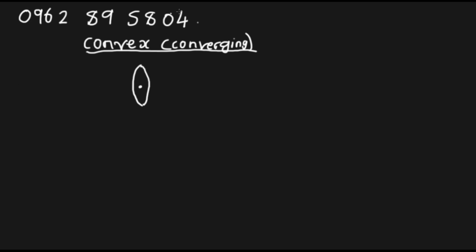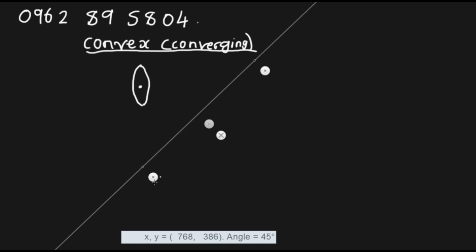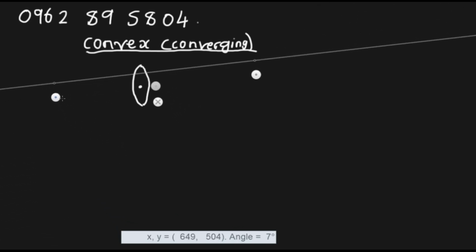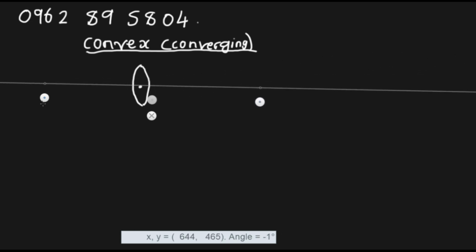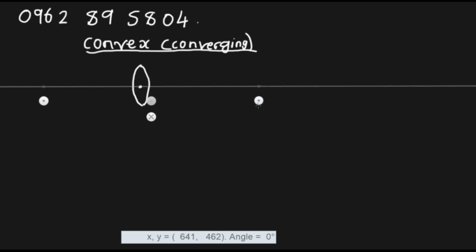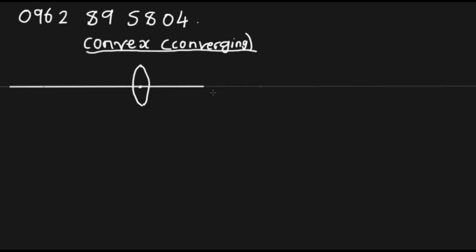Now I'm going to draw what we call the principal axis. The principal axis is, we can say, a ray of light that passes through the center of this lens. So this is our principal axis.